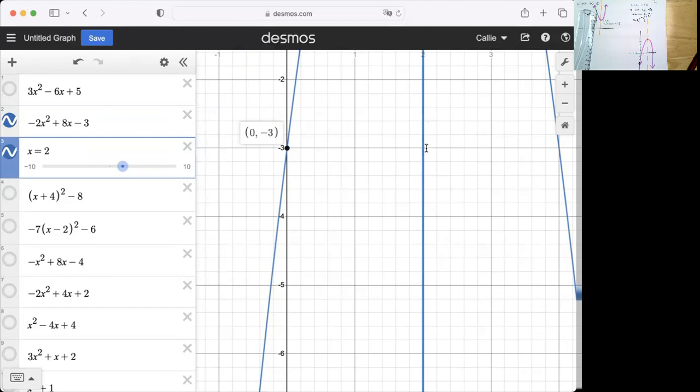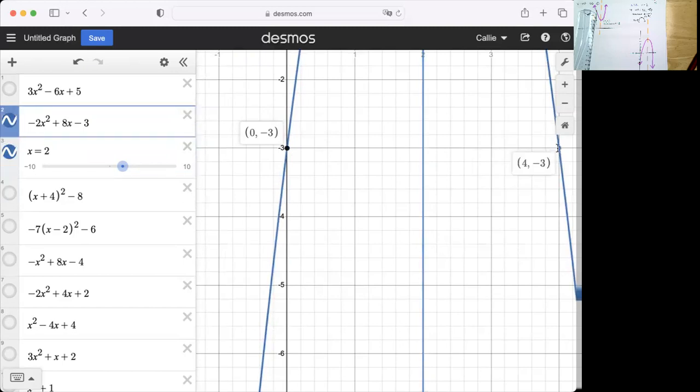Here is 2, negative 3, right? And 2, negative 3 is equidistant between 0, negative 3 and 4, negative 3.